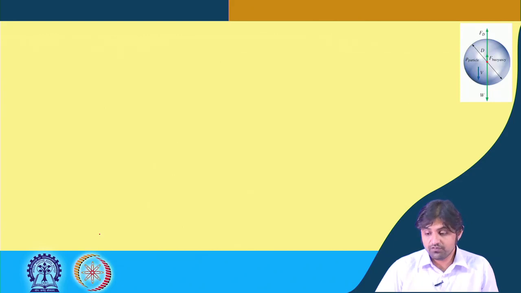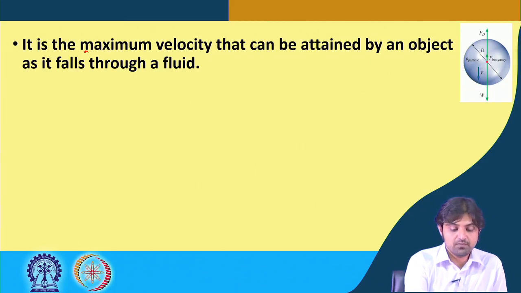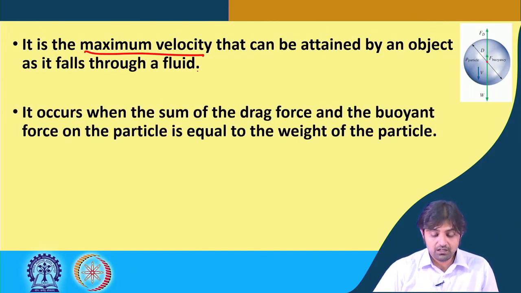For the sake of easiness, I have put a figure on the top right corner where you can see the sphere. So what is terminal velocity? It is the maximum velocity that can be attained by an object as it falls through a fluid. It occurs when the sum of the drag force and the buoyant force on the particle is equal to the weight of the particle.